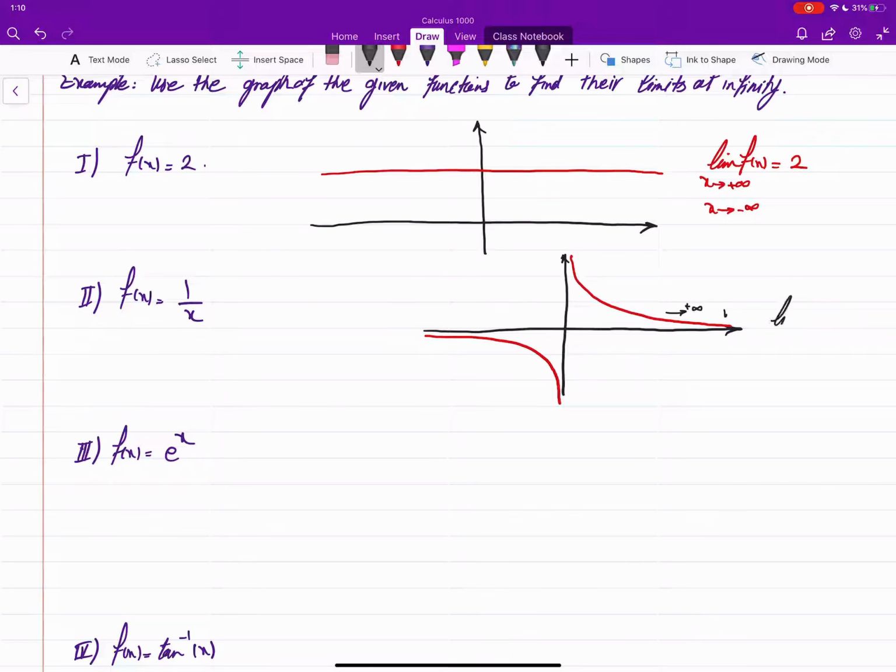So in other words, limit of f of x as x goes to plus infinity is 0. How about negative infinity? We have to look at this side. As x goes to negative infinity, the function has limit again 0.